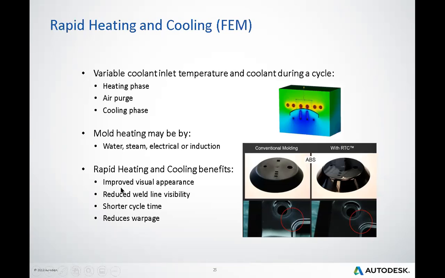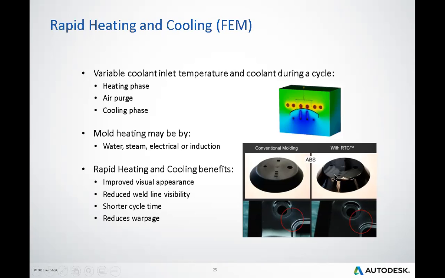We can see improved visual appearance. From the left picture, you can see the conventional molding, where the surface is not glossy, but on the right side, for example when we use ABS, we can see the surface is glossy.